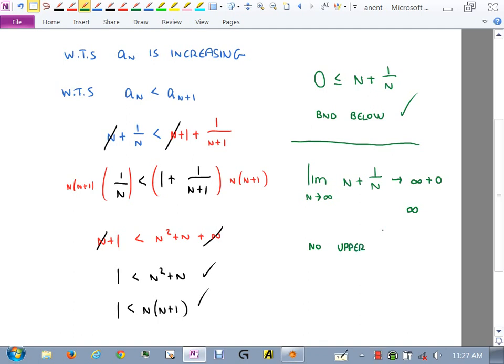It doesn't go to negative infinity though. The n goes to 1, yeah. But you wouldn't say let n go to 1 because, for bounded below, what it does in the beginning doesn't really necessarily matter. It could take off and start going down, right? So no upper bound. Not bounded then.